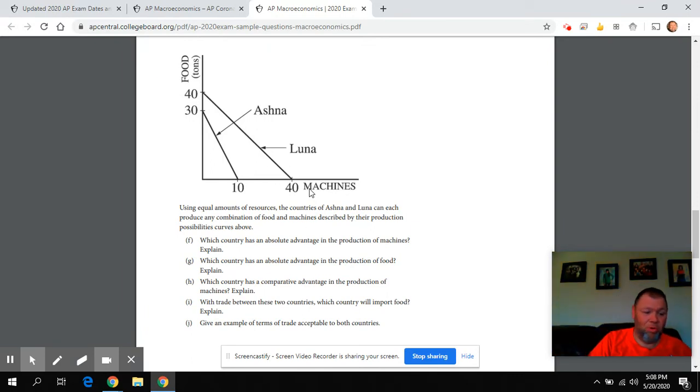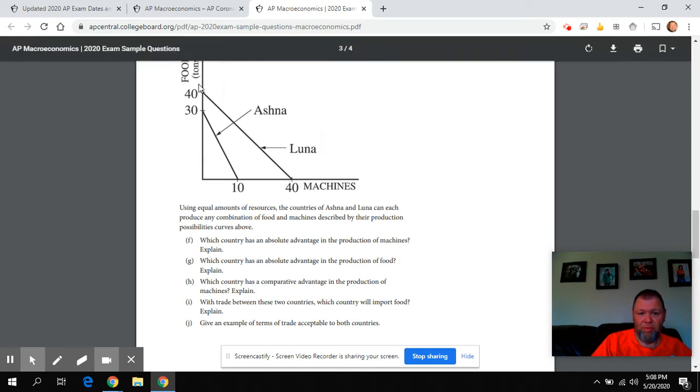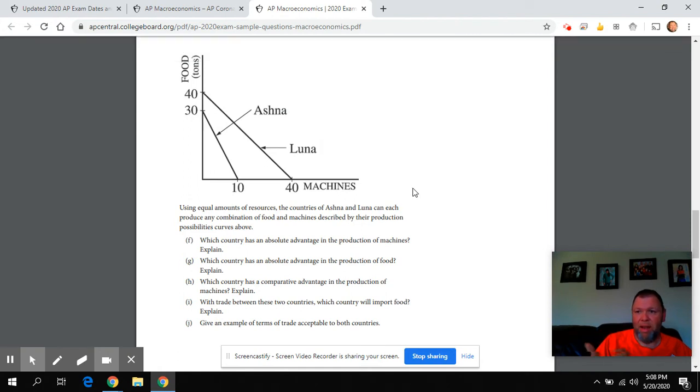So this is an output question. So it asks you who has the comparative advantage in the production of machines. So looking at machines, Luna can do 40 machines or 40 food. Ashna can do 10 machines or 30 food. So the comparative advantage is based on the opportunity cost.